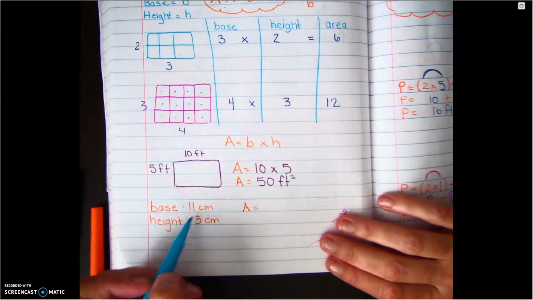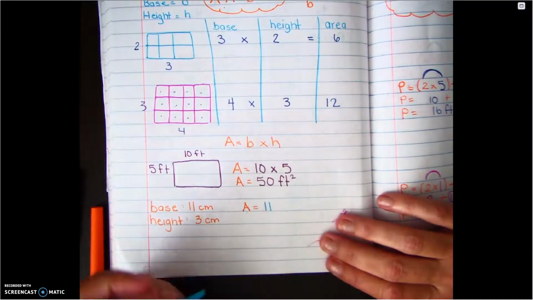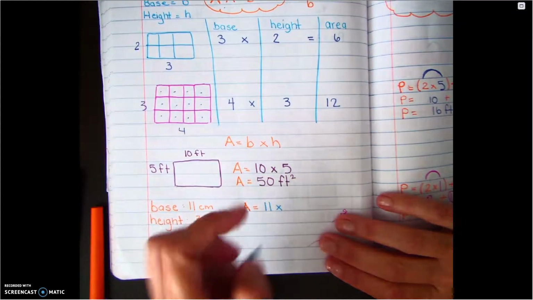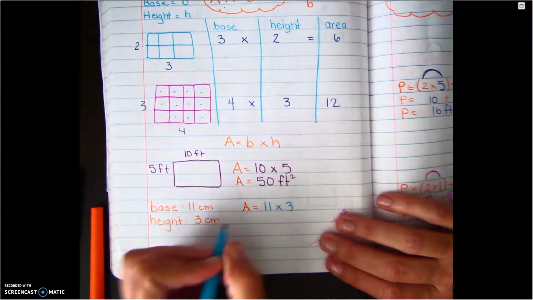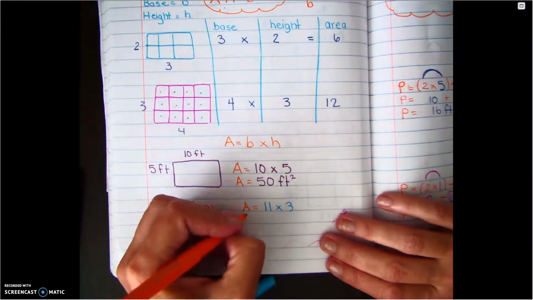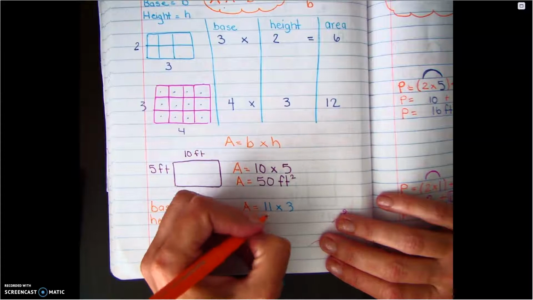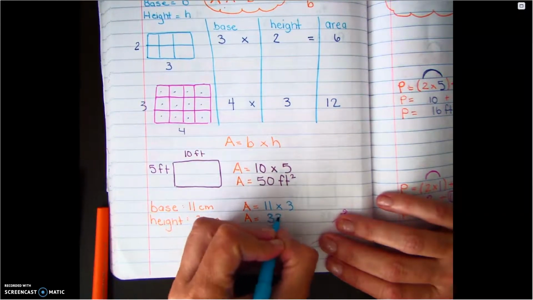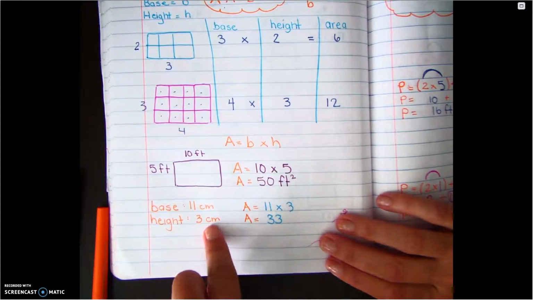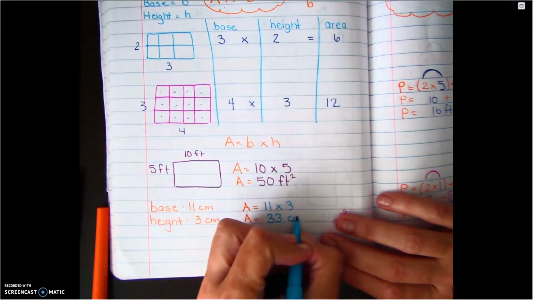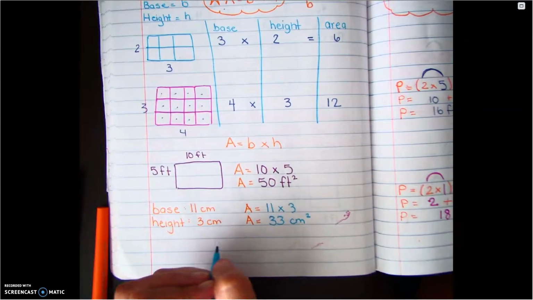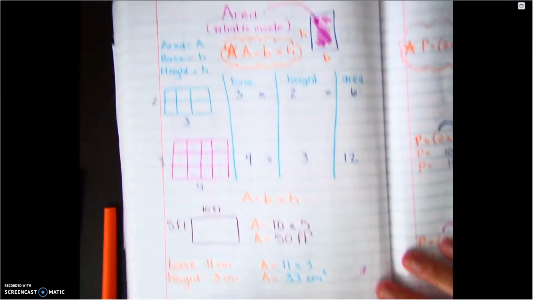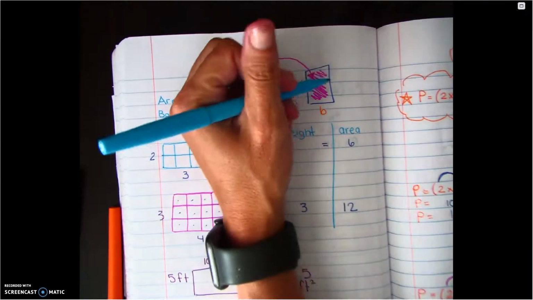Our base is what? 11 times our height, which is 3. So that means my area is 11 times 3 is 33. I look at my unit, it's centimeters, and I still have to put my squared up there. So 33 centimeters squared.